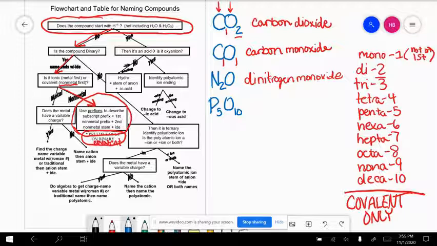P5O10. Once you recognize that phosphorus is a nonmetal, you know you're going to be using your prefixes to describe the subscript. The subscript for phosphorus is 5. We'll go over here and see that 5 is penta.